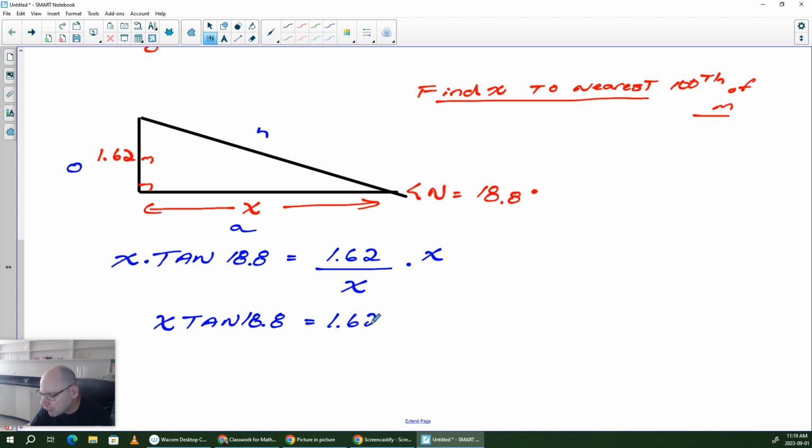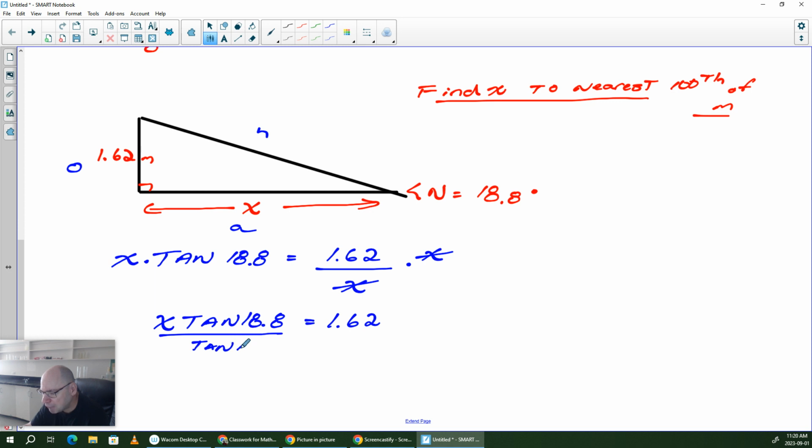You see that the x would cancel out there. Now we've got it off the bottom of a fraction. So now we can solve it by dividing. We've got x times the tangent, so we have to remove that tangent part. That's dividing.